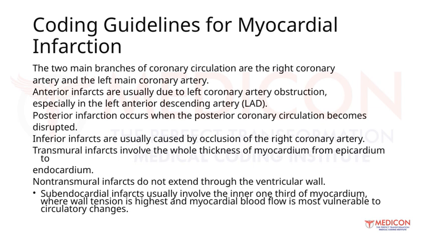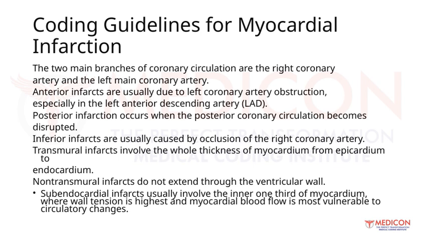Specifically, subendocardial infarcts involve the inner third of the myocardium. This region is particularly vulnerable because wall tension is highest there, and blood flow is more susceptible to circulatory changes. Understanding these distinctions helps us accurately code the type and location of myocardial infarctions, which is crucial for proper diagnosis and treatment planning.